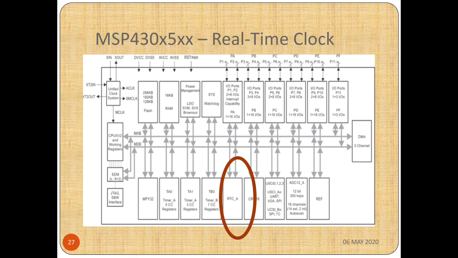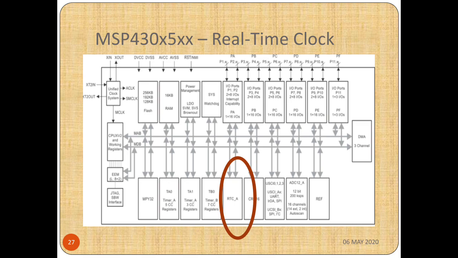The next is the real time clock. The real time clock can provide time in terms of calendar timings, that is, we can measure seconds, minutes, hours, days, weeks, months and years.